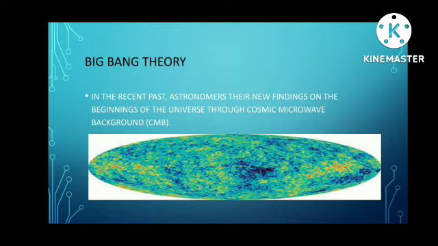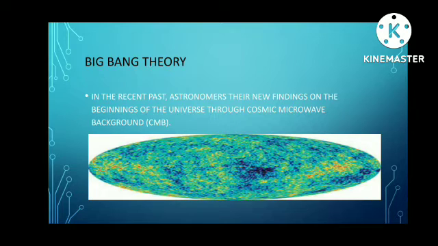So, in the recent past, astronomers predict their new findings on the beginnings of the universe through CMB. This cosmic microwave background is the first glow or the first light of our universe.